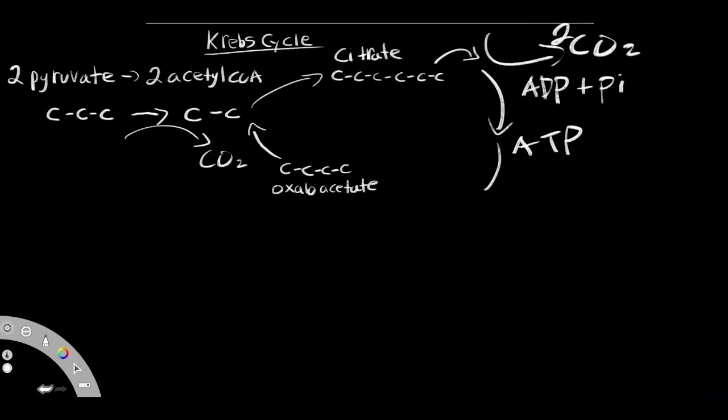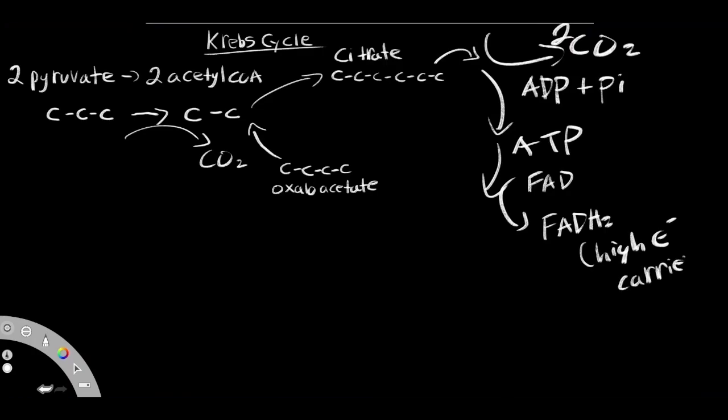What else happens when that carbon gets fixed? Well, FADs turn into FADH2s. FADH2 is a high energy electron carrier. And this is one molecule that is going to be absolutely crucial for the next stage, which is the oxidative phosphorylation.